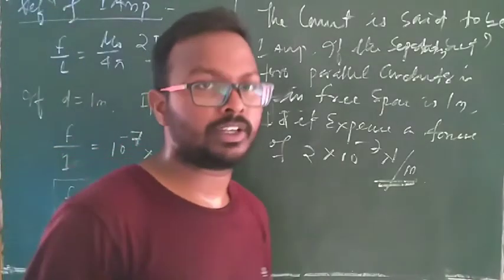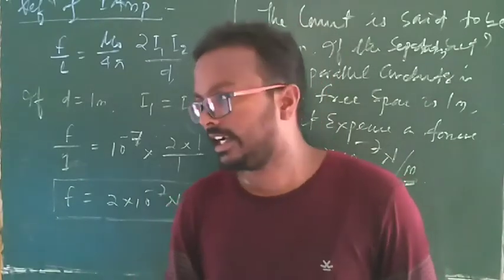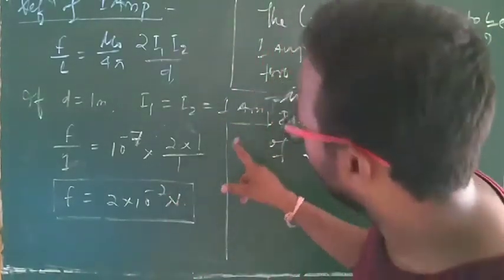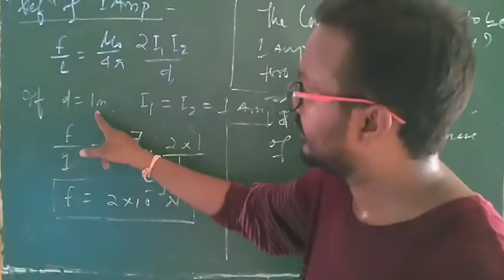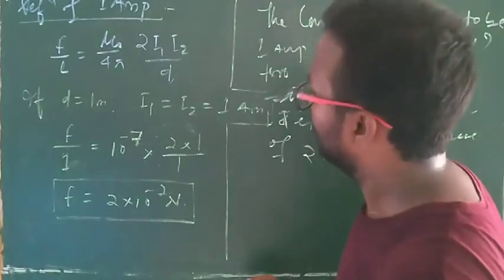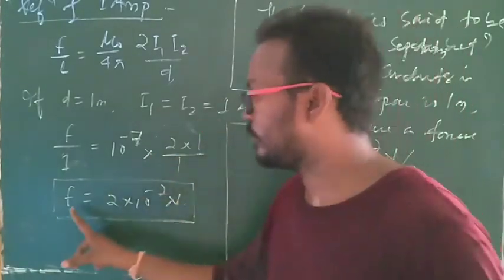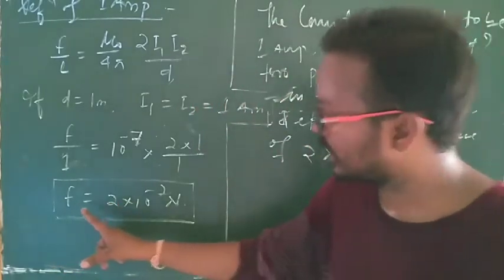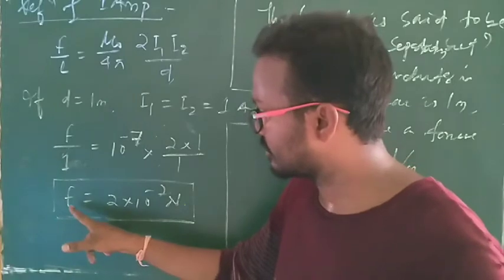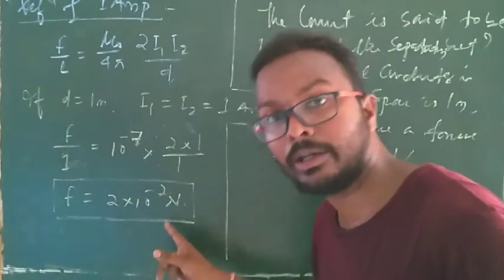So what is the definition of 1 ampere? Suppose we have two current carrying conductors with separation equal to 1 meter, placed in free space, and we choose the currents I1 and I2 equal to 1 ampere. Then the force experienced by the two conductors, which may be attractive or repulsive, is F equal to 2 into 10 to the power minus 7 Newton per meter.